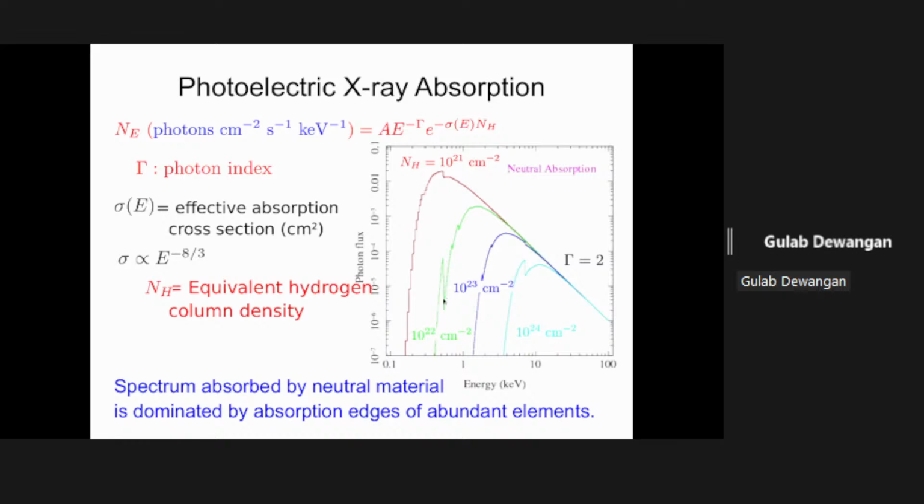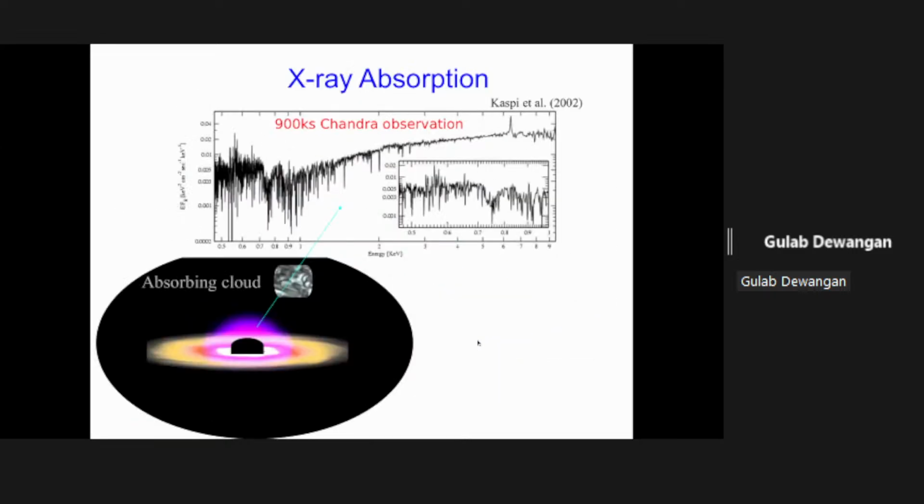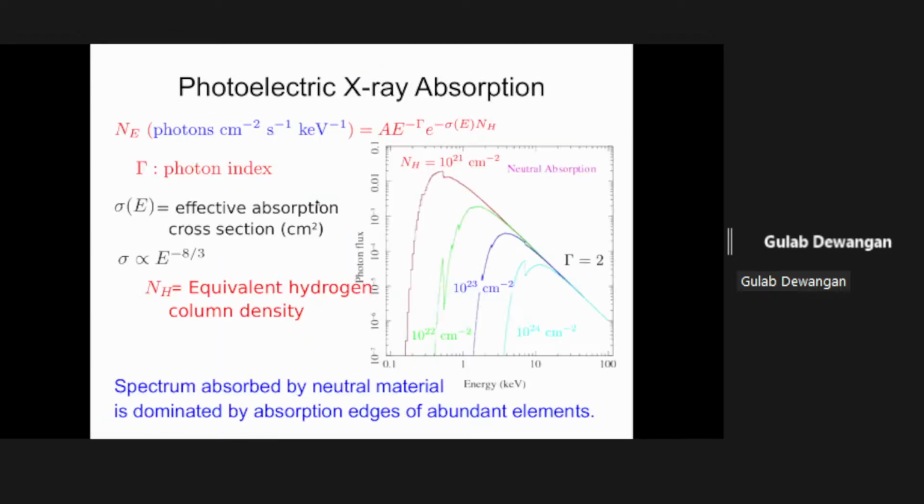Here at 0.4 keV or so, it is the carbon edge. And then around 0.8 keV or so you will see the oxygen edges and other things. But we don't see the absorption lines like what we saw here. It also has some of these absorption edges which are not very clearly seen because of the huge number of lines here.